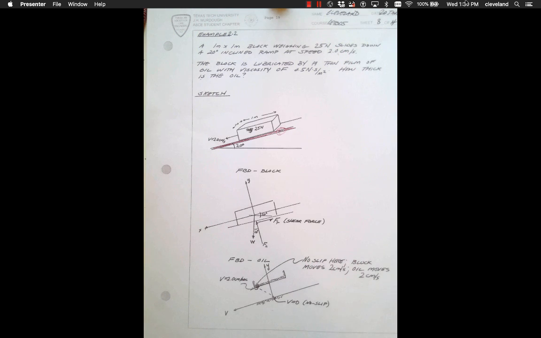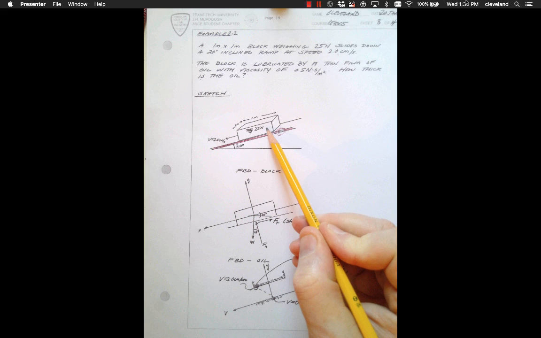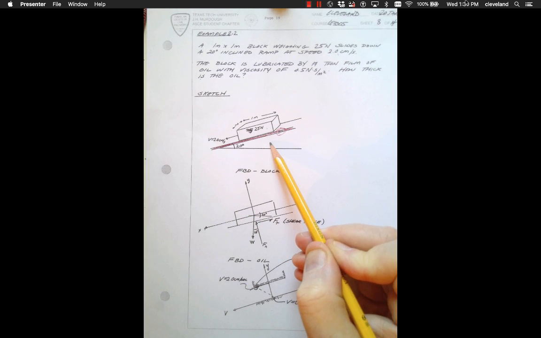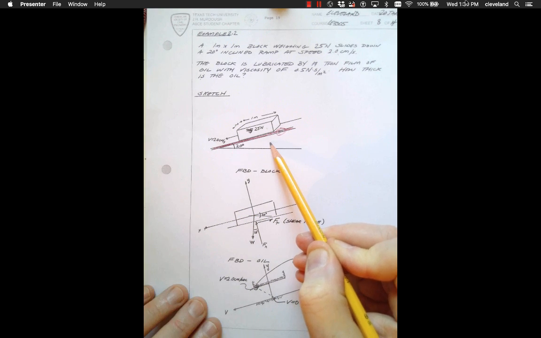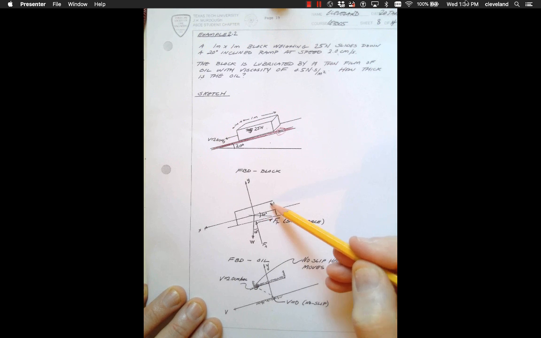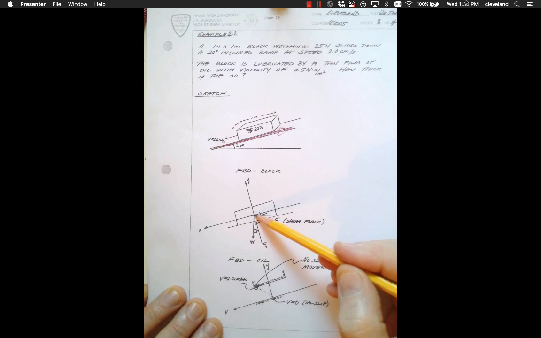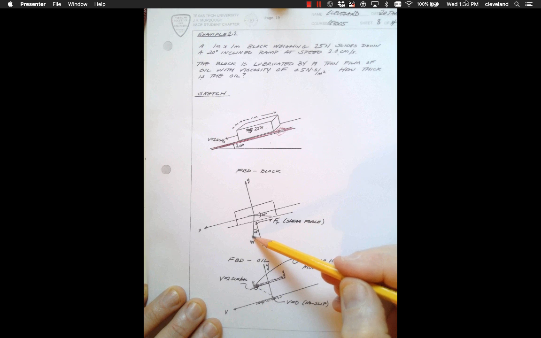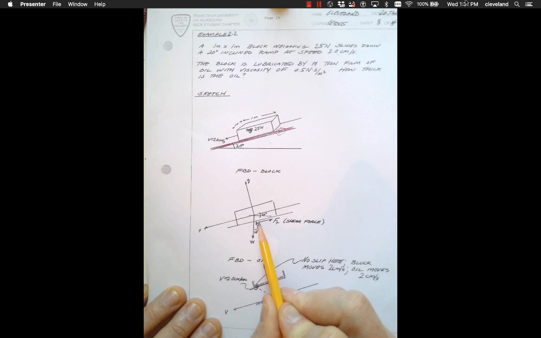That's kind of a backward way to do the problem, because more importantly, you want to know what viscosity is to produce the proper amount of motion. So we want to draw a free body diagram of the block and a free body diagram of the inclined plane. So here's our free body diagram of the block. The block here, it has a weight of 25 newtons associated with it. There's a shear force.